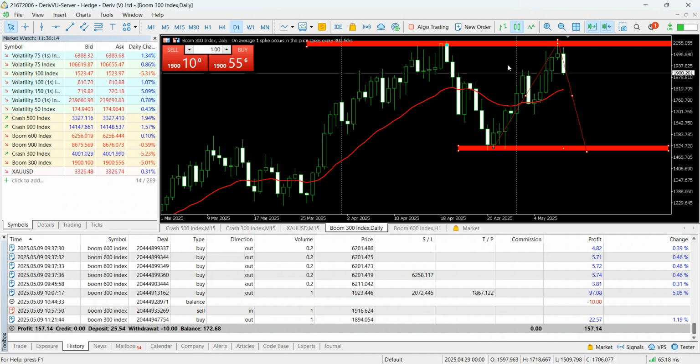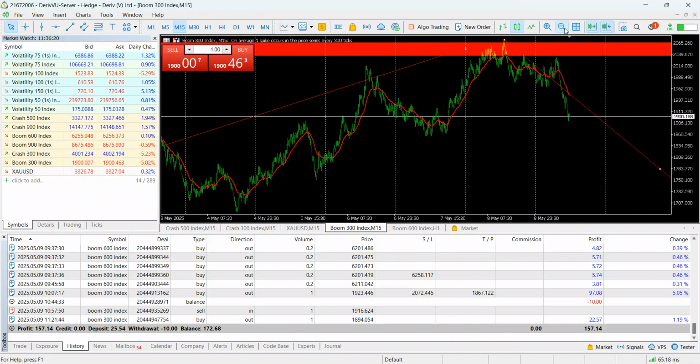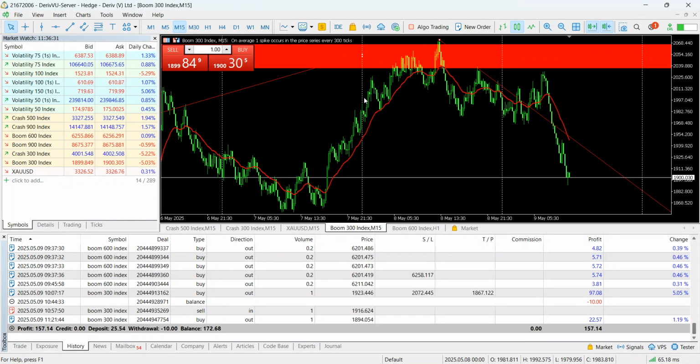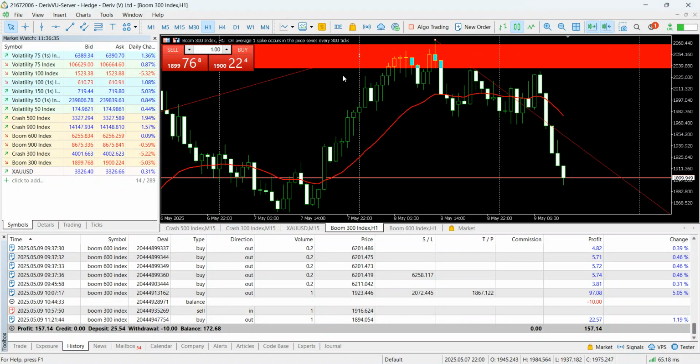All we had to do when we identified this was to narrow our time frame to M15. When we narrowed to M15, we spotted this entry around this area. The moment we saw the change of character, we were sure it had taken place and this market has to sell.